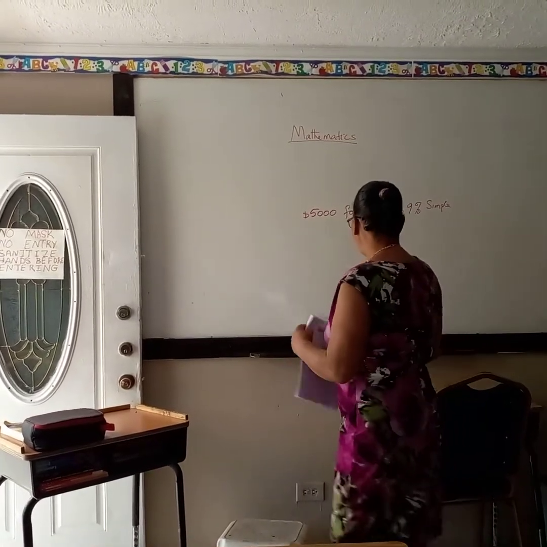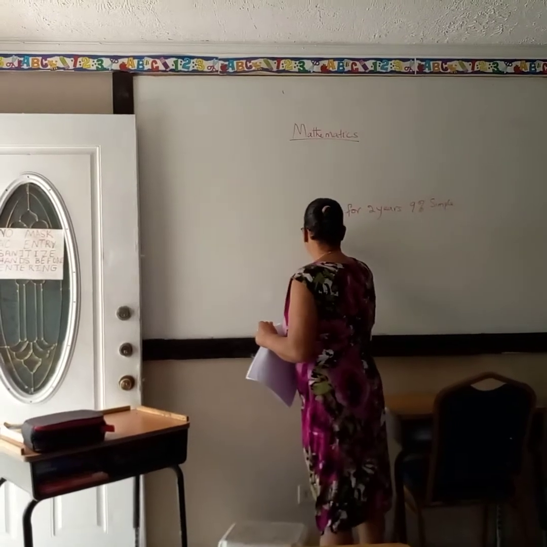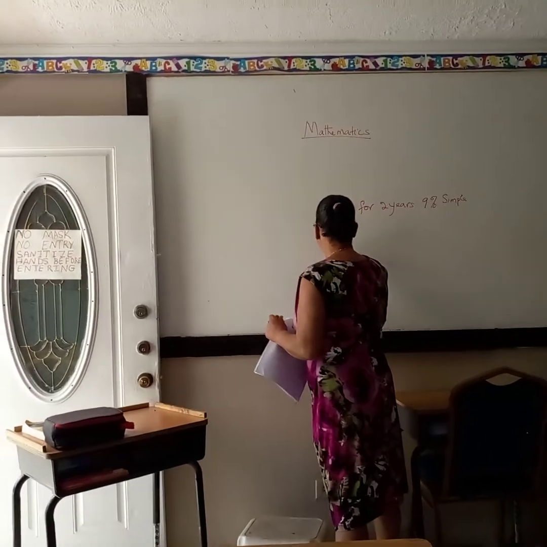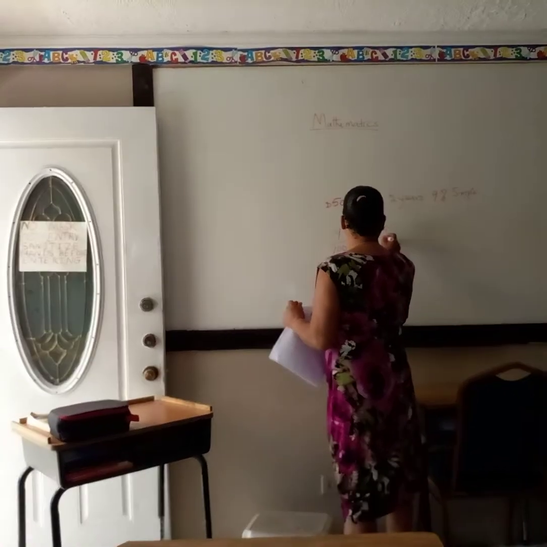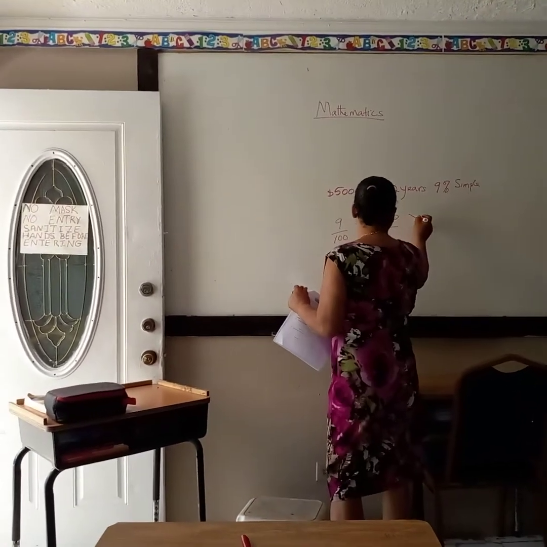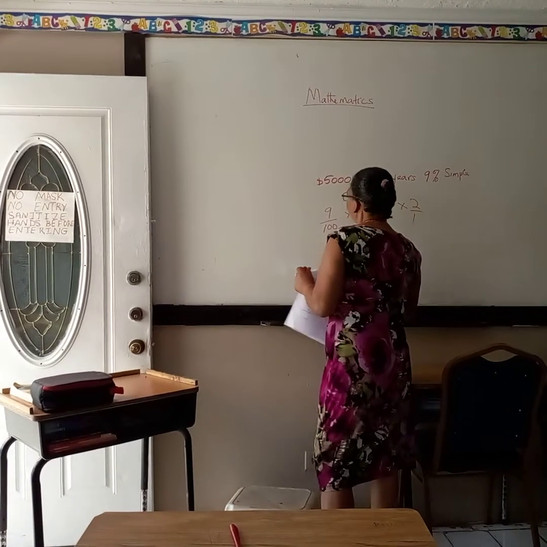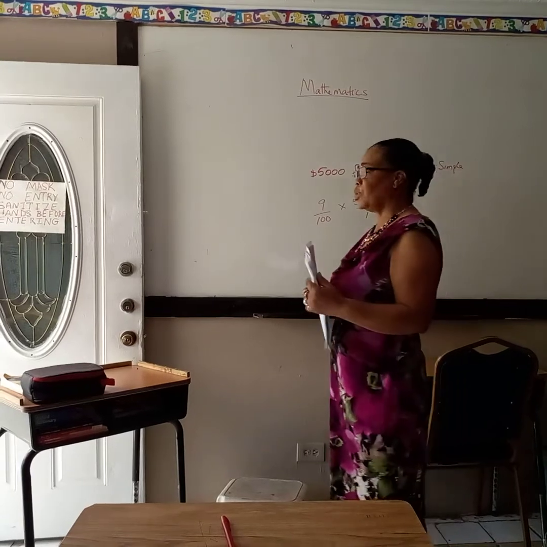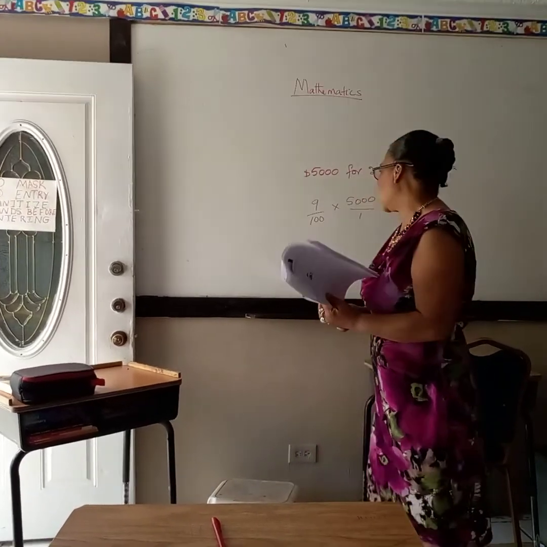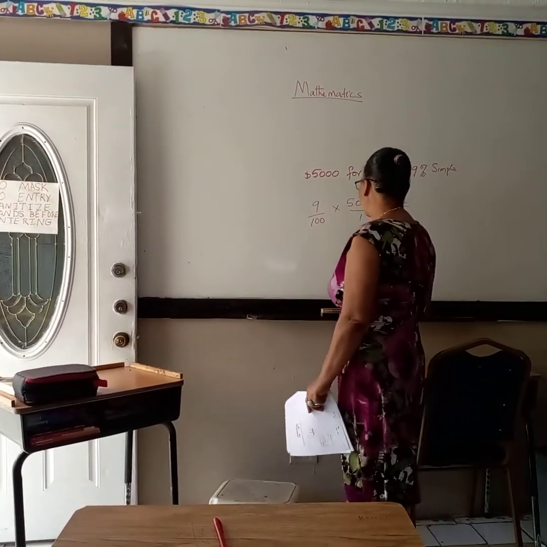You're simply going to write out the problem as the interest, which is 9 over 100, times my 5,000 over 1 times 2. Because I'm going for 2 years and it's simple interest, all I'm doing is finding the interest and multiplying it by 2. Now I'm going to cancel.